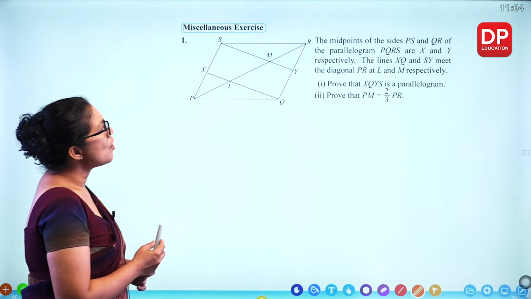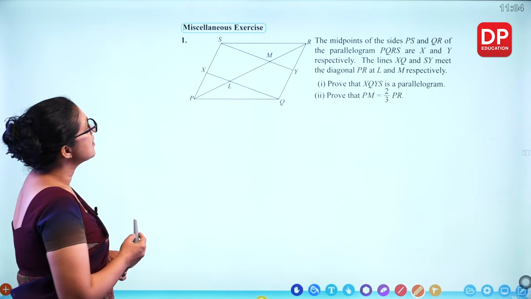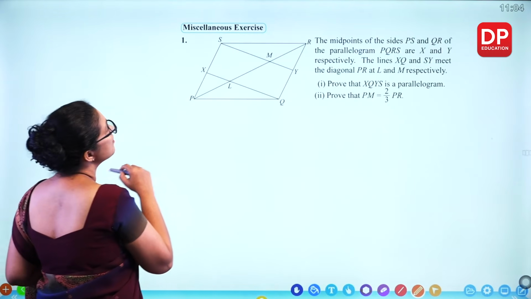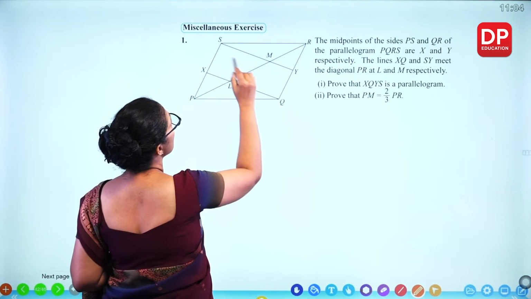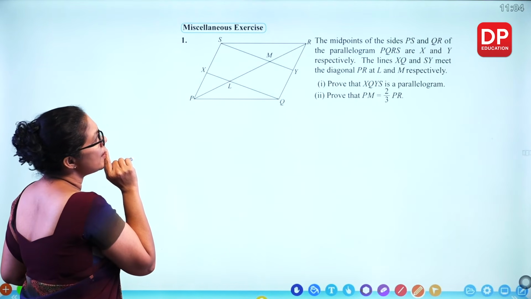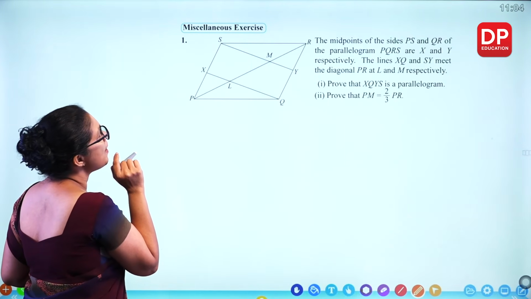The midpoints of the sides PS and QR. QR is this one. Of the parallelogram PQRS. PQRS is a parallelogram.